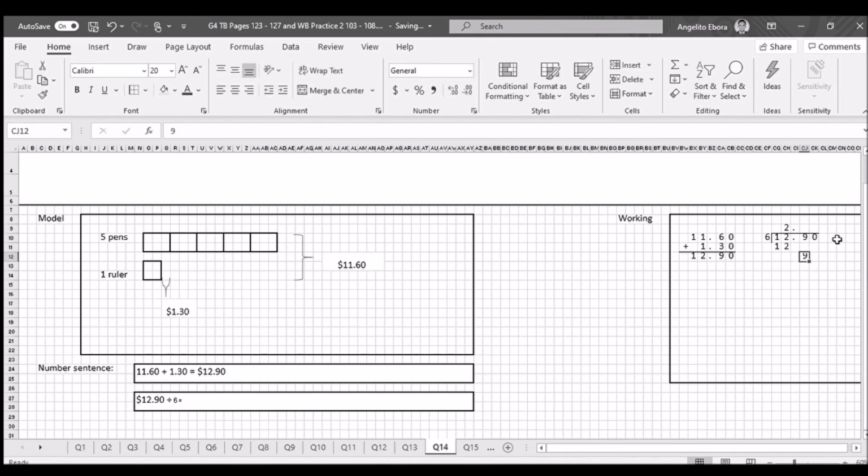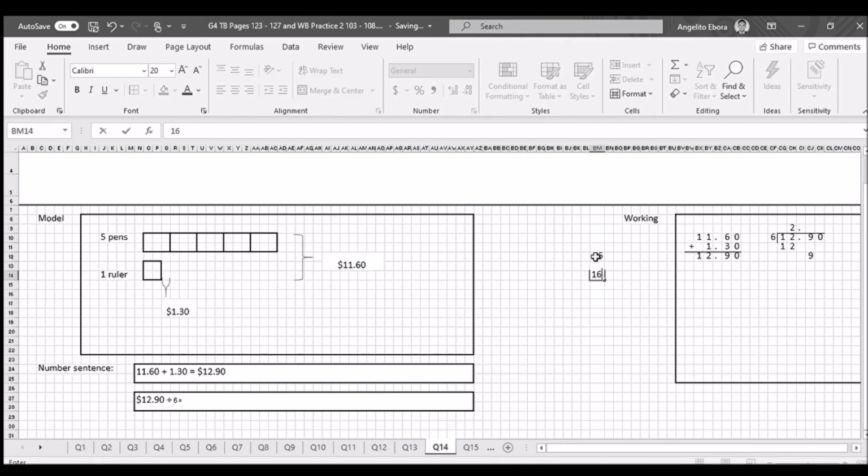So 9 divided by 6, okay, again 6, 12, 18, and 24. So 9, we'll just use 6 because 12 is more than 9. So 1. So 1 times 6 is 6. Subtract. 9 minus 6 is 3. And then you still have the 0 there.